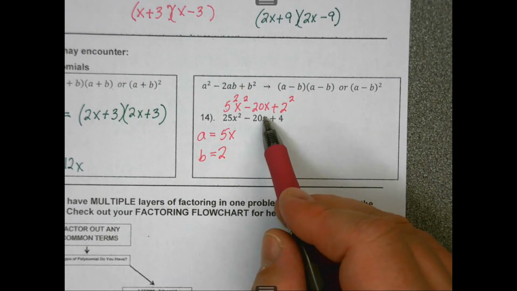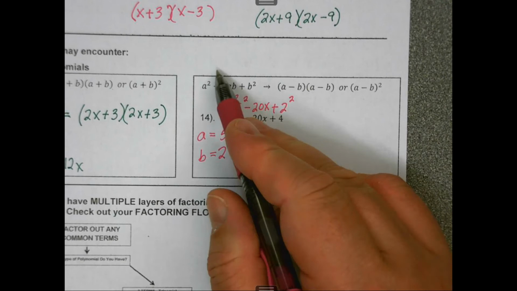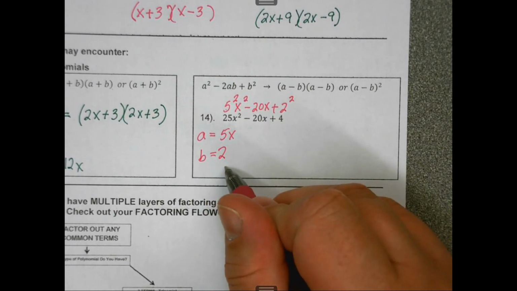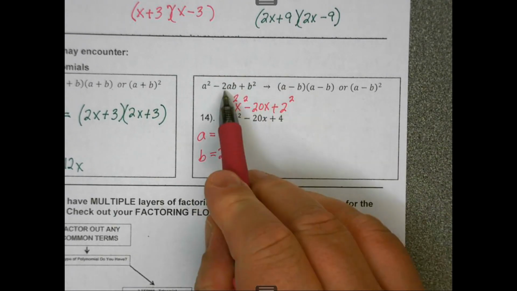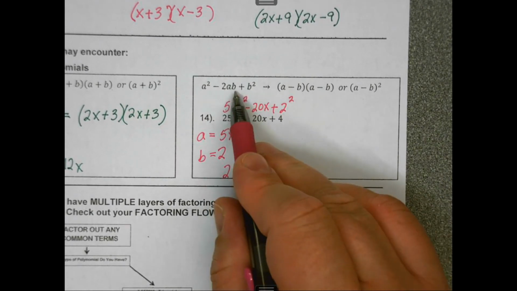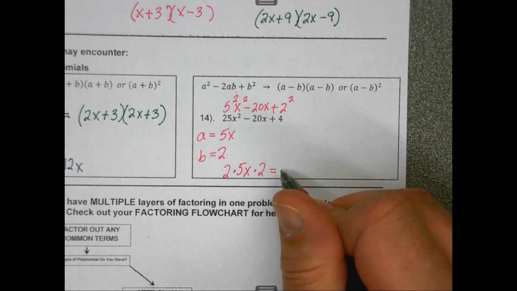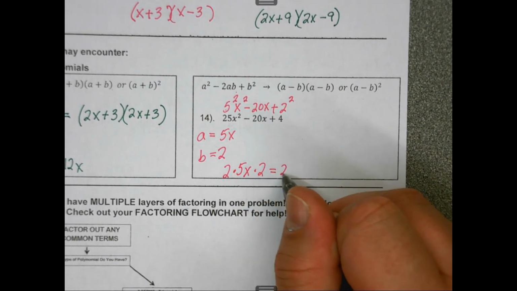Just to double check the middle term, 2 times A, which is 5x, times B, which is 2, that's going to give me 20x.